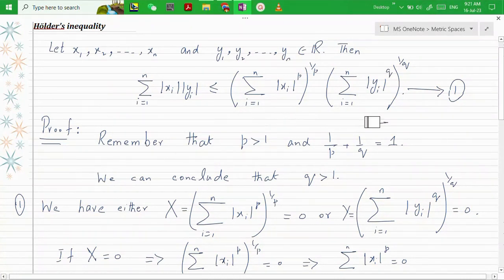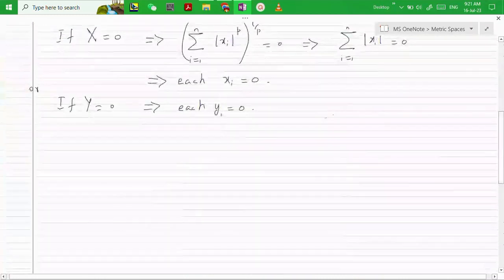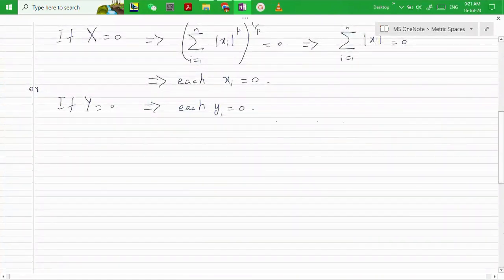So in this way, the inequality 1 holds in both the cases: when capital X equals 0 or capital Y equals 0, then 1 holds.